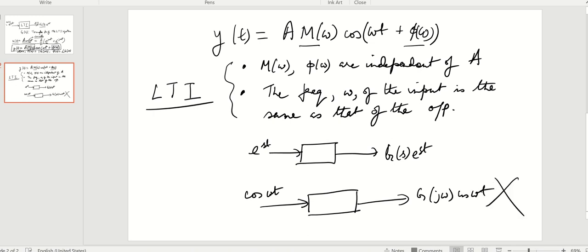So the notion of this M and phi, when you write it in this term, it turns out to be, so I'll just take the easy route here. Suppose you just write the input as e to the power j omega t.